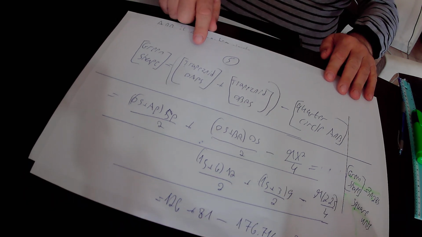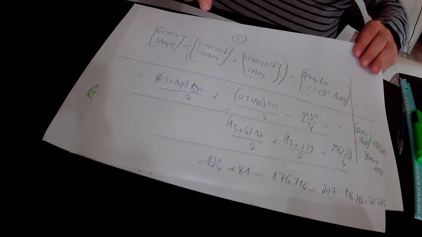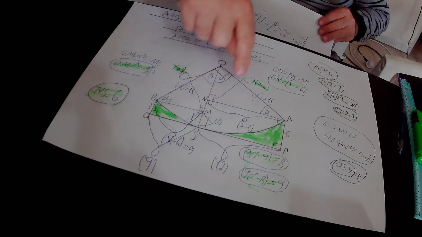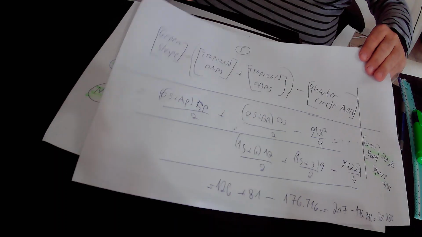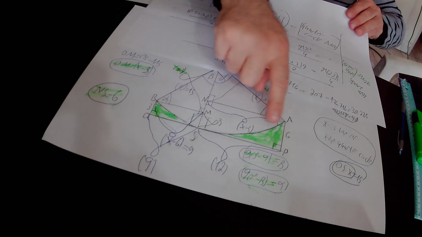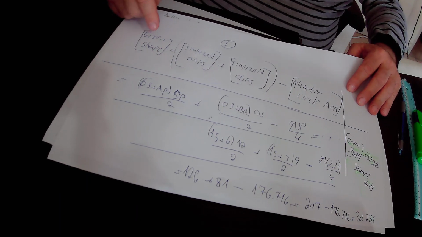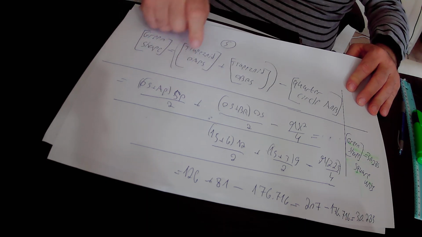What is the area of trapezoid OAPS? The area of trapezoid OAPS equals the sum of its bases, that is OS plus PA, times the height, that is SP, because it creates 90 degrees with the bases, over 2.